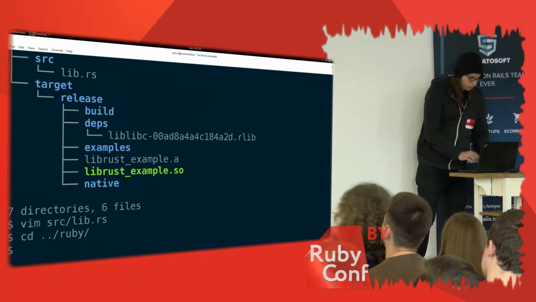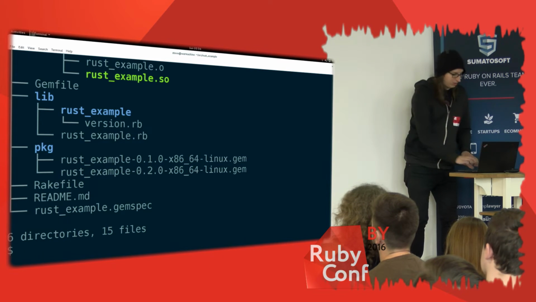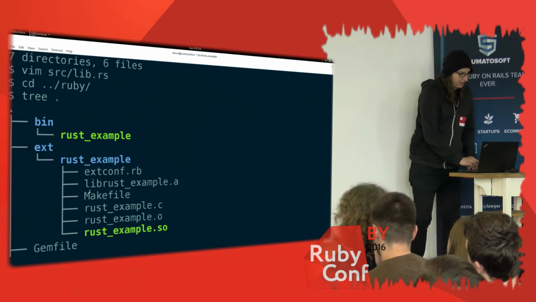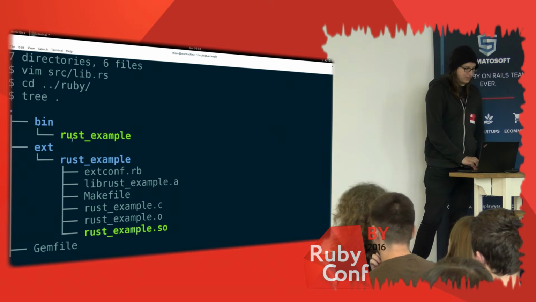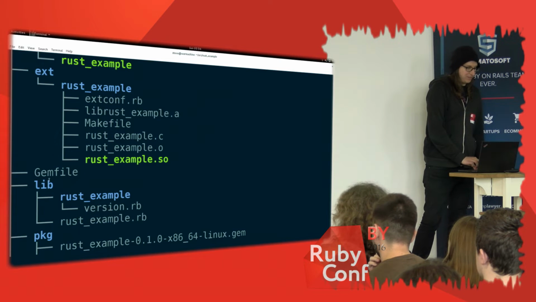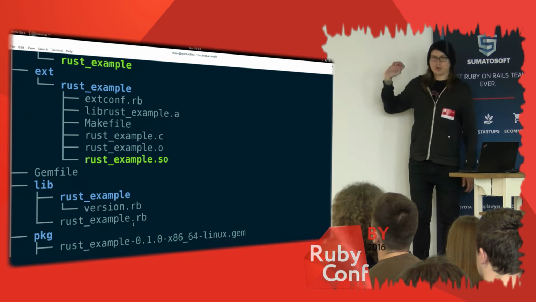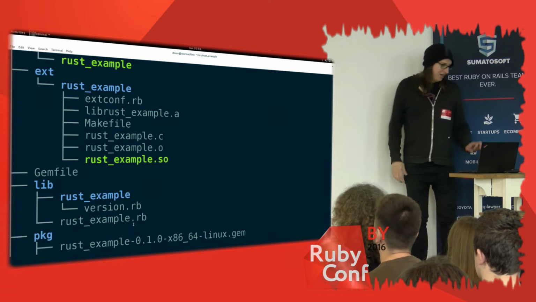So here is this Ruby gem now. I just generated this Ruby gem with Bundler. So in it, we're going to ignore this bin directory. That was an experiment. I'm not going to talk about that. So normally your gems have this lib directory with the name of the gem inside it, .rb, right? That's how gems work. And then also, of course, you have to have a version file to say what version the gem is.